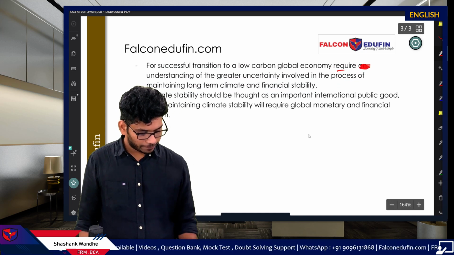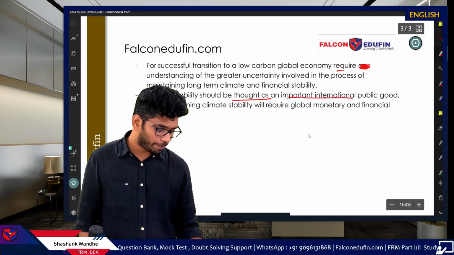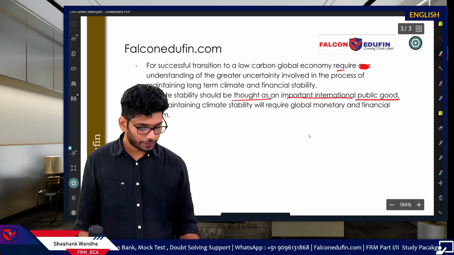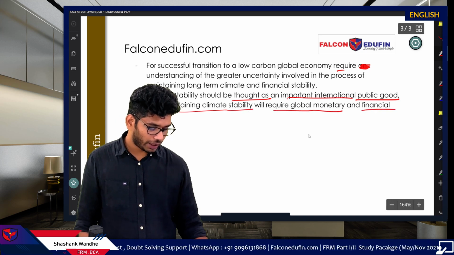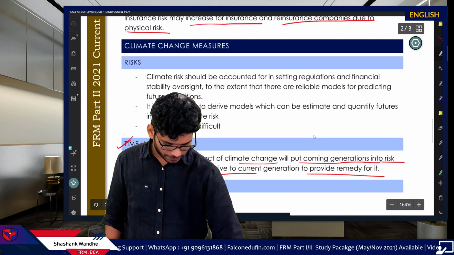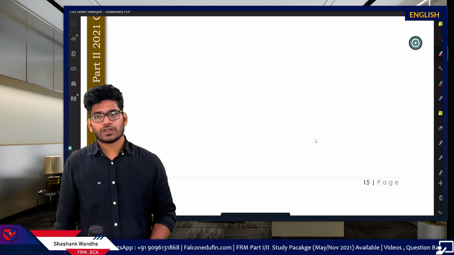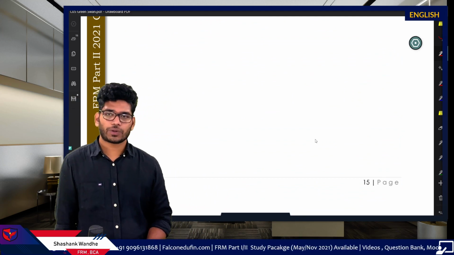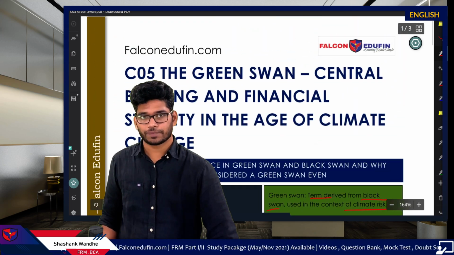And climate stability should be thought of as an important international public good. Maintaining climate stability will require a global monetary and financial system. So these are the measures. Again, very easy basic discussion. Make sure you remember the key points and we are good to go. So that's all about the two topics of the current issues. See you in the next session. Bye bye.